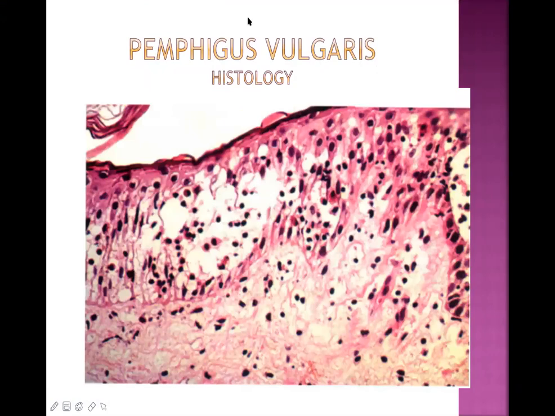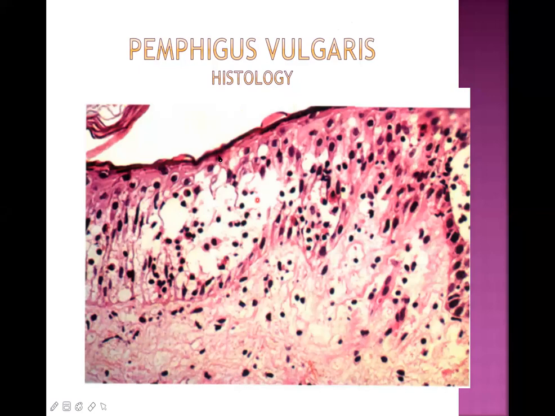Now look at this, and it will be very clear to you. Always compare and contrast between the things here. Let me highlight. So see here, this is the epidermis, and look, where are these bulla or vesicles? These are quite small, so I like to call them vesicles here, and these empty spaces are the vesicles.